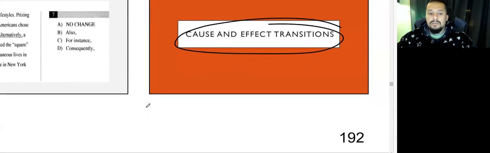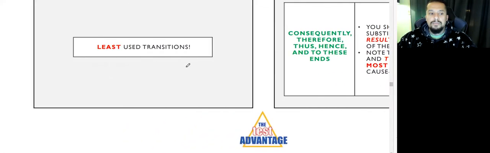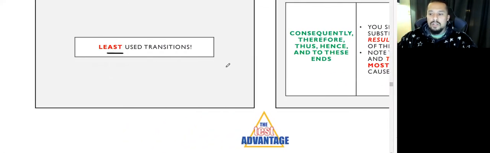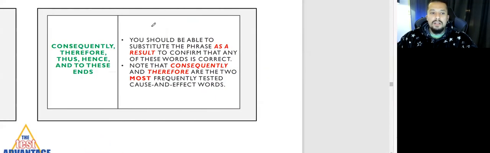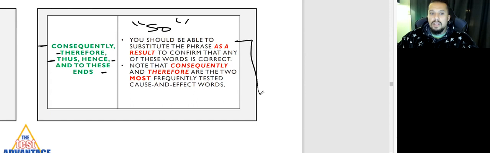Cause and effect. Let's go to this. These are the least used transitions with regards to all of them, right? And they're not many. So cause and effect mean so. Consequently, therefore, thus, hence, to these ends. They also mean so, right? You should be able to substitute with as a result.